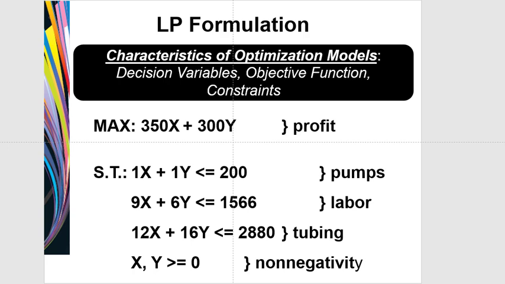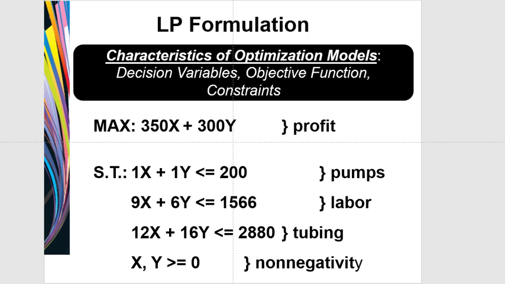So for the constraints that are shown here, these are the left-hand side values, which capture the constraint, capturing the unit. For example, in this first equation, 1x simply shows that each unit of x that is produced requires 1 pump, and then it should not exceed 200. That is the same explanation adopted for these other constraints, right?